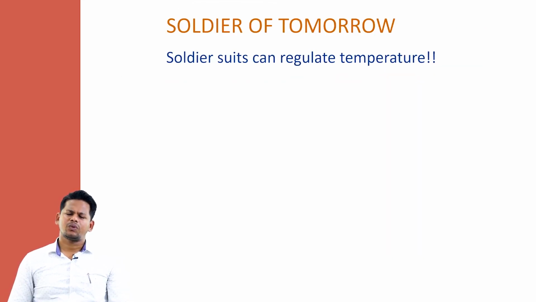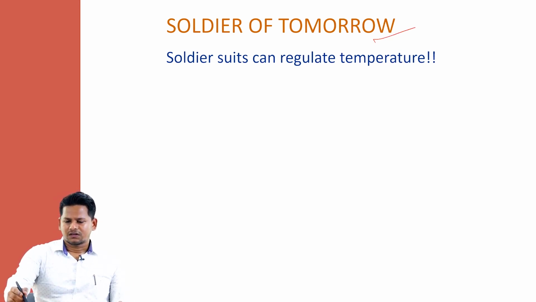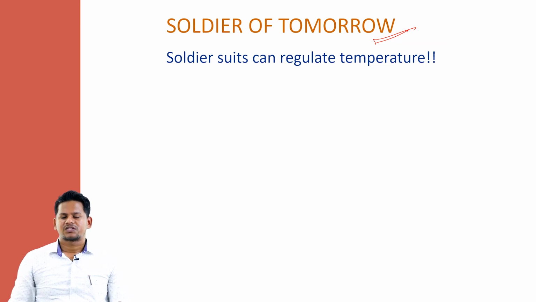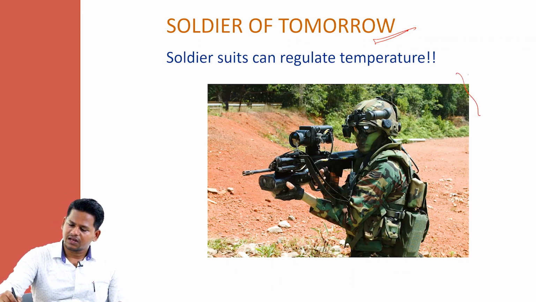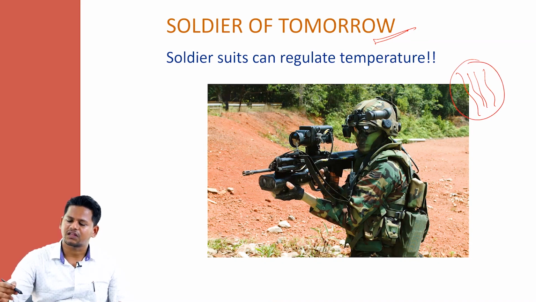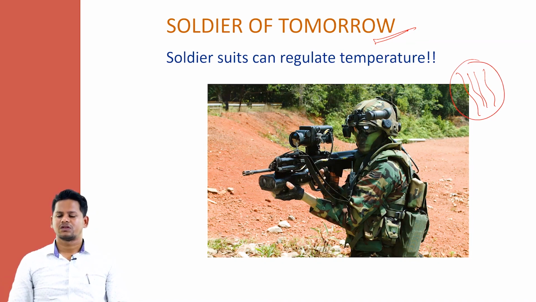See, why are we discussing this composite plane wall? Since we have some typical applications, agro product drying units, dryers, and similar to that, we have a suit for soldiers. The suit is like this. It can regulate their temperature. So we have layer by layer of materials, having different thermal conductivities.